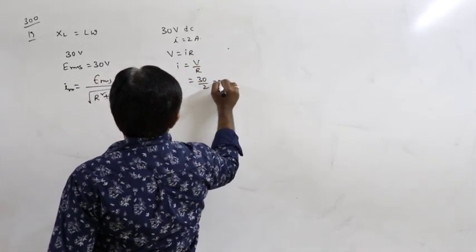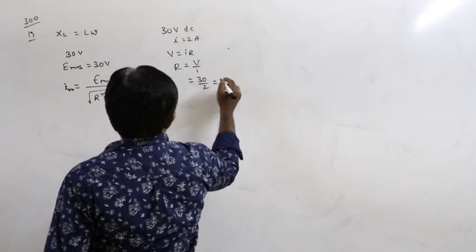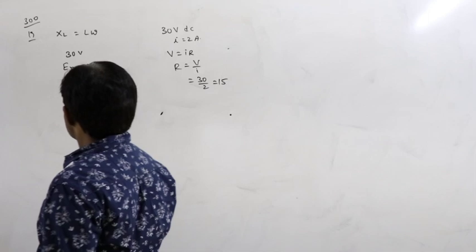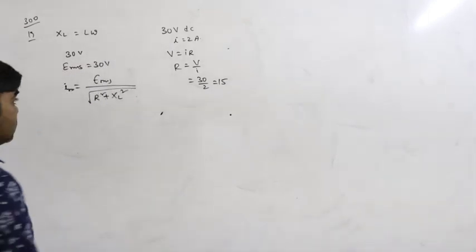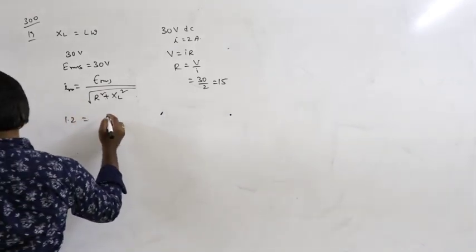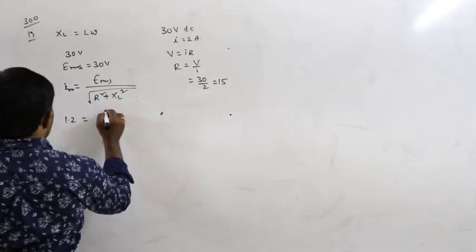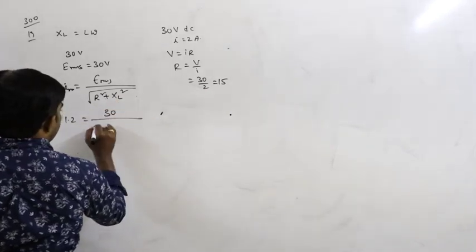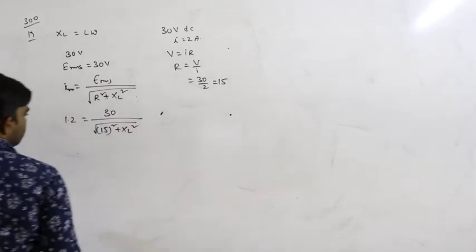That is 15. Resistance is given as 15. Now IRMS is given as 1.2, which equals ERMS, 30 volts, divided by square root of 15 square plus XL square.